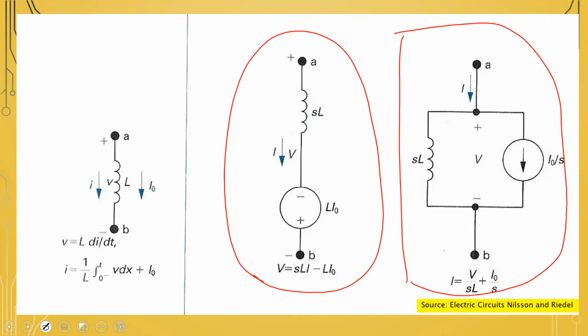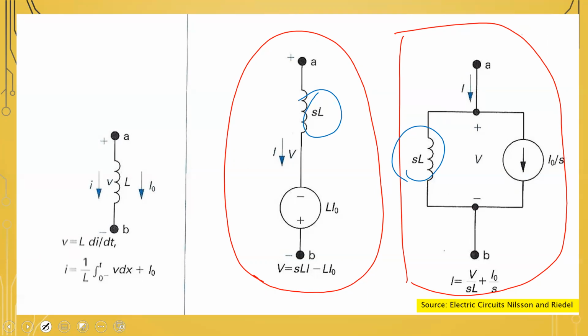But the key here, students, is that in either case, whether I'm representing it as a current or a voltage, in both instances, the inductor in the frequency domain is represented by sL. That's the key that we want to focus on. So for the resistor, it's represented the same way in both the frequency and the time domain.